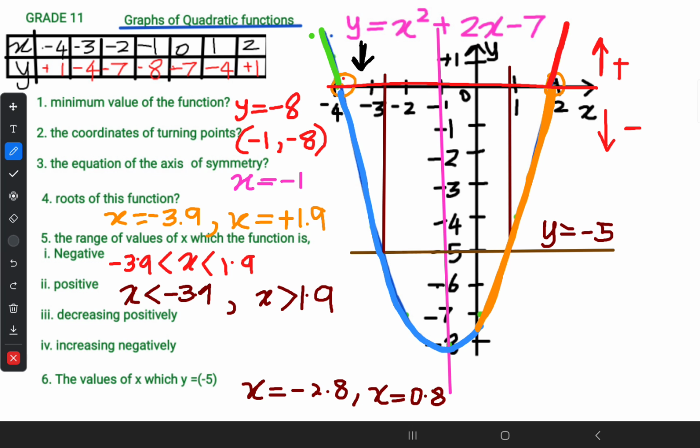Here also the function is decreasing in this region, in this quarter. And here the function is going to increase. Negative 8, negative 7, negative 6, negative 5 until 0, that is in an increasing manner. In this region the function is increasing. Here also, starting from 0, 1, 2, that is increasing.